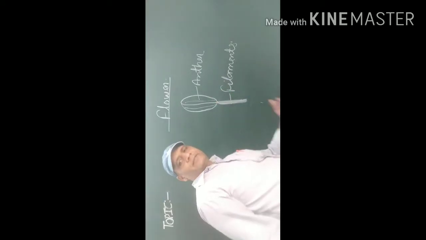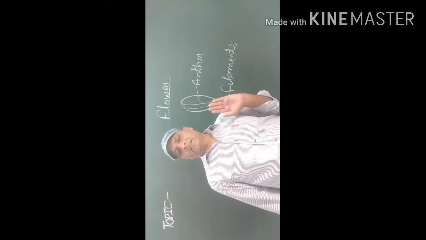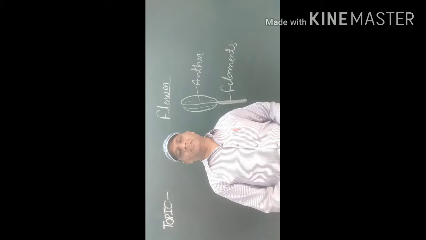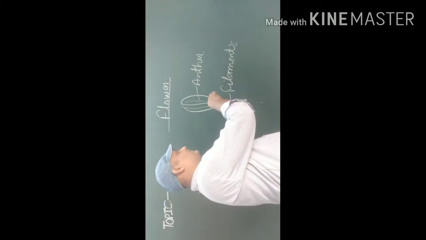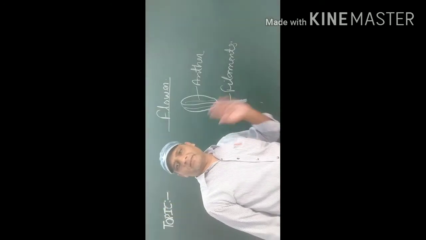The anthers in which pollens are not formed are known as staminode. Stamens are found in various forms: monadelphous, diadelphous and polyadelphous.